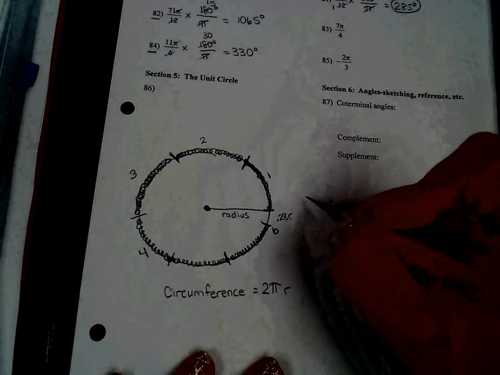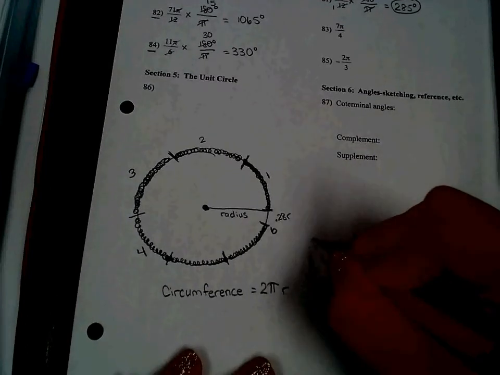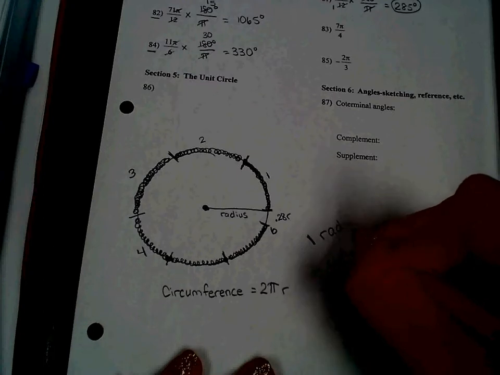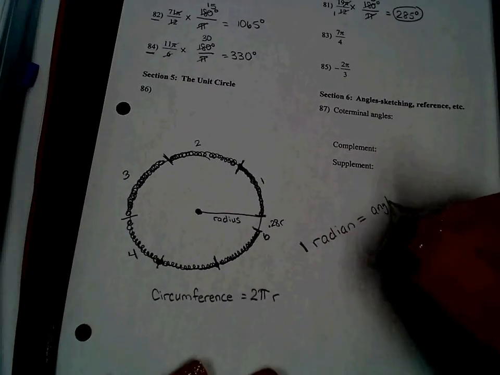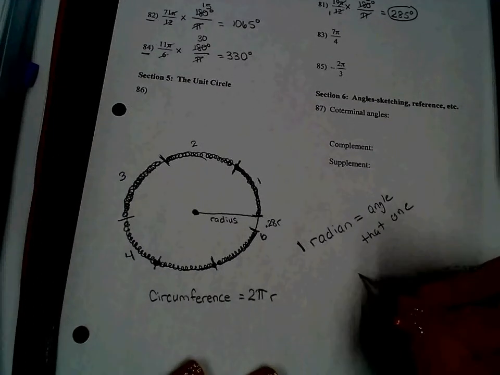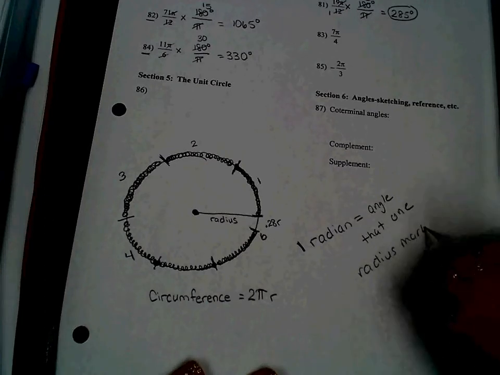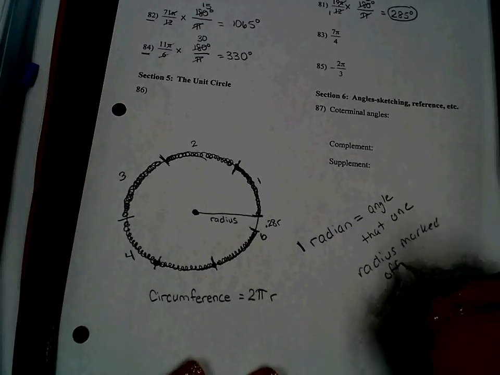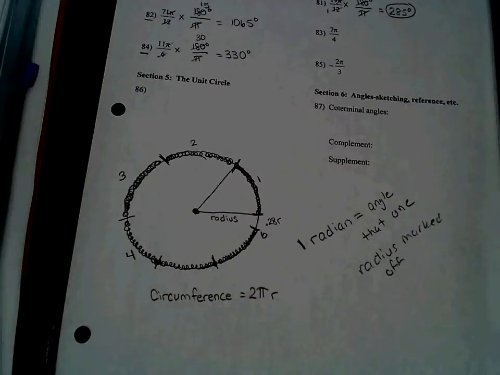Okay, so mathematicians a long time ago decided to say that 1 radian would equal the angle that 1 radius marked off. So this angle right here, okay?